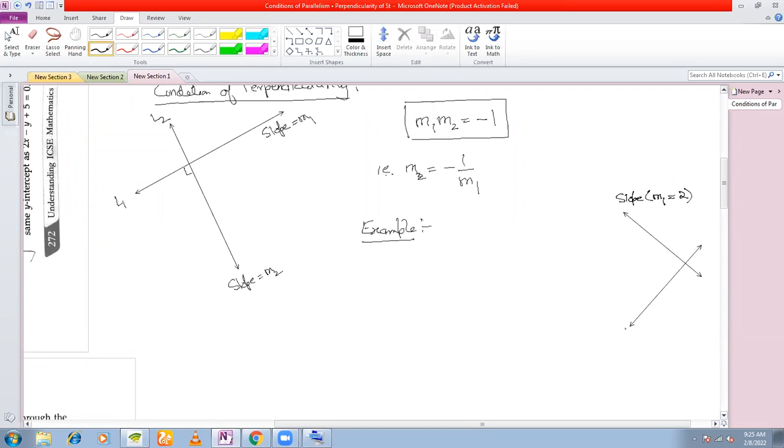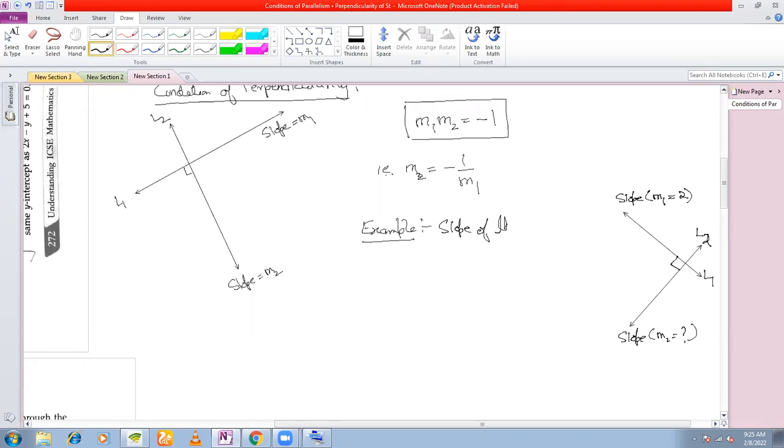And I need to find out the slope of this line, m2. And I know that these two straight lines are perpendicular. So it is given to you that two straight lines are perpendicular and you know the slope of one straight line. How do you find out the slope of the other straight line? Let's call this line L2, and let's call this line L1.